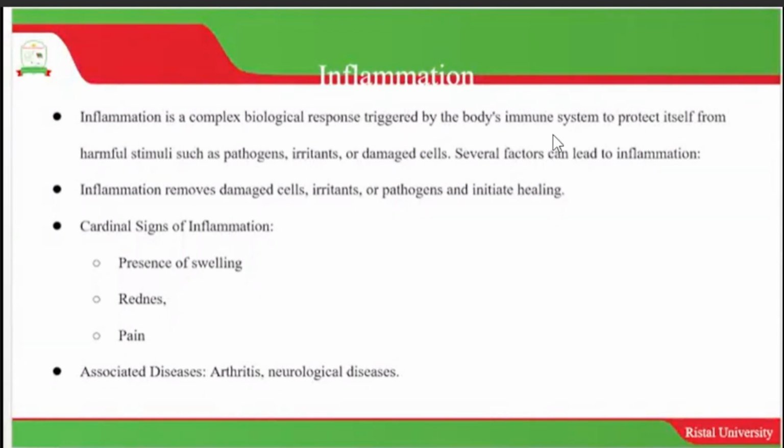So an inflammation may be represented by the presence of swelling at the site of inflammation or the site of injury. Then that site where inflammation is becomes red and also becomes painful, and these may be associated with diseases such as arthritis, neurological diseases.